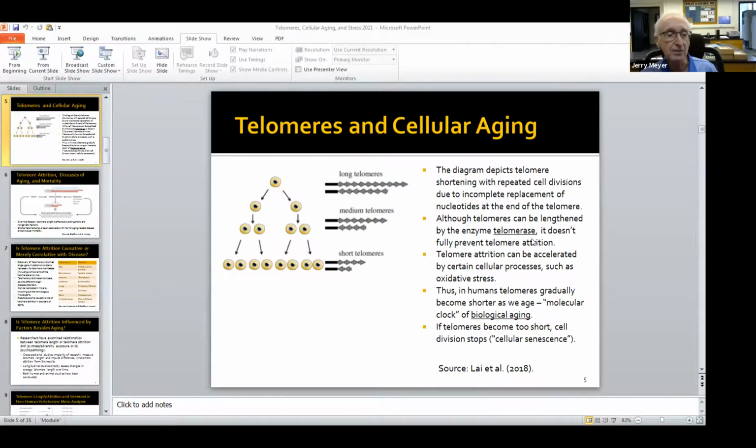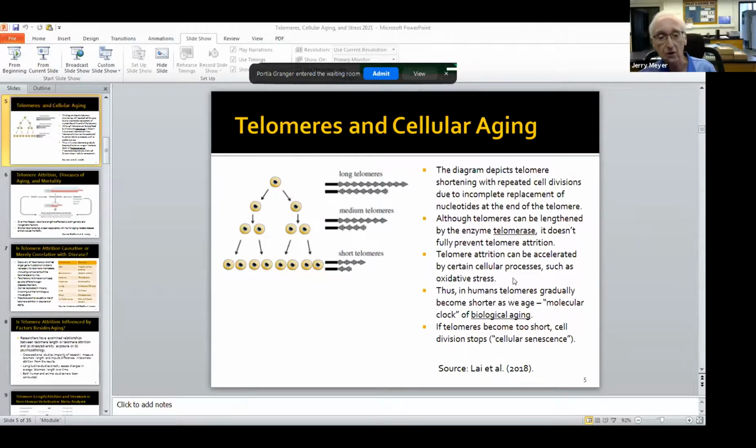Your cells contain an enzyme called telomerase, which can add on nucleotides to the end of the telomere. However, the telomerase is not fully efficient, not fully effective. And thus, even though this is to some extent counteracting telomere shortening, it still does not prevent telomere shortening over time. And this attrition, this loss of telomere length, can be accelerated by certain processes such as oxidative stress.